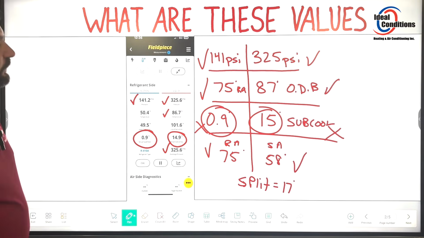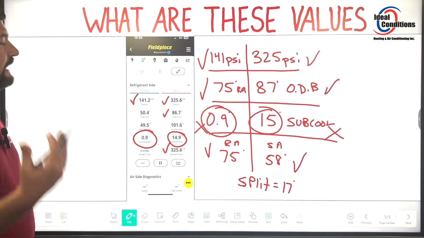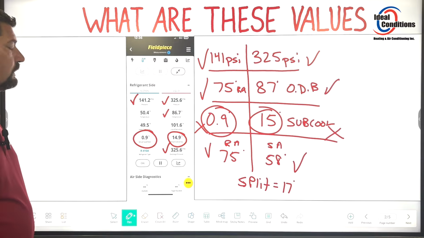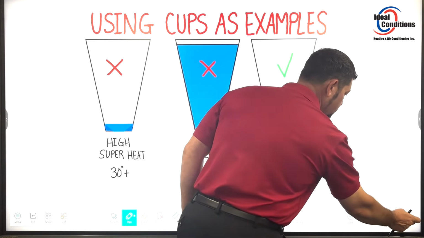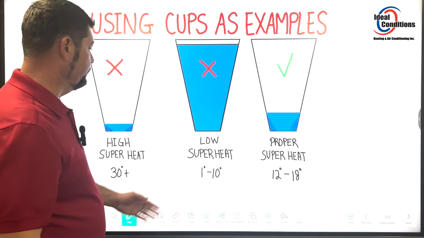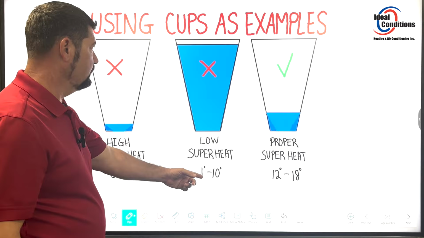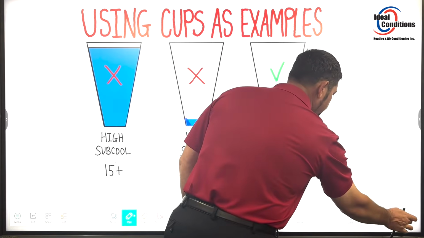So what is that problem? What could give me a high subcool and a low superheat? Well, a low superheat, 1 to 10. Ooh, that's not good. All right?